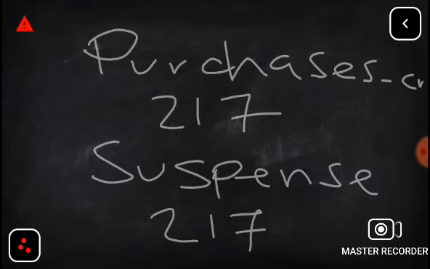So we introduce a suspense account as debit, 217 kwacha. By doing this, you have corrected the error, because now your purchases account is on point, since you've removed the 217 that was too much in the purchases account.